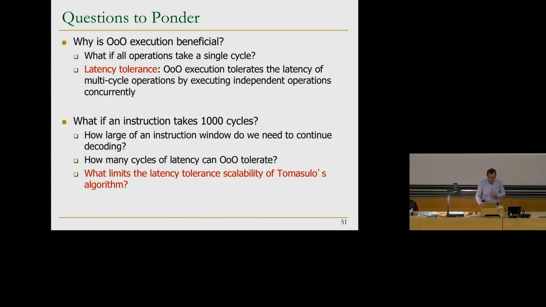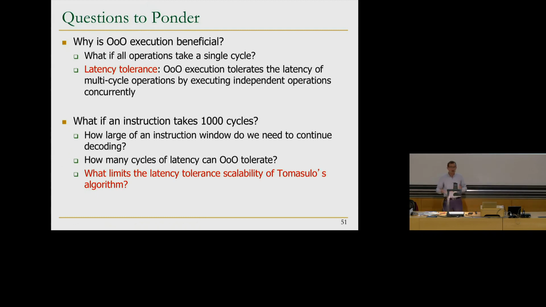I have a lot of questions over here, which I'm not going to fully answer. But what limits the latency tolerance scalability of Tomasulo's algorithm? Basically, how big you can make this instruction window size. If one of the instructions takes 5,000 cycles, you need to make it 5,000 instructions large so that you don't need to stall decoding. Now again, as an architect, maybe you don't want to do that, right?